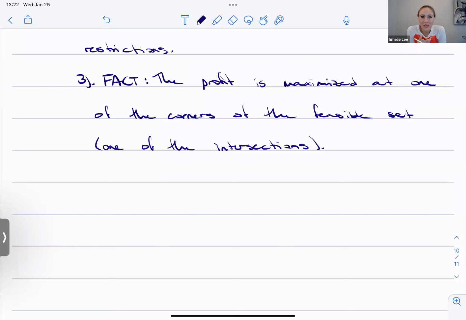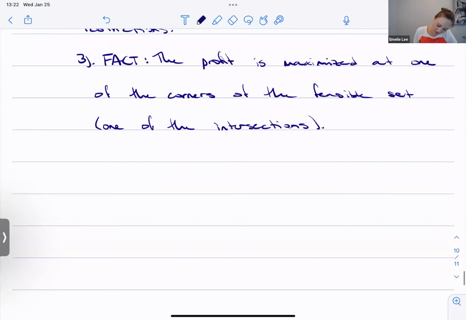So what we do is we make a list of all the intersections, right? All the corners in the feasible set.